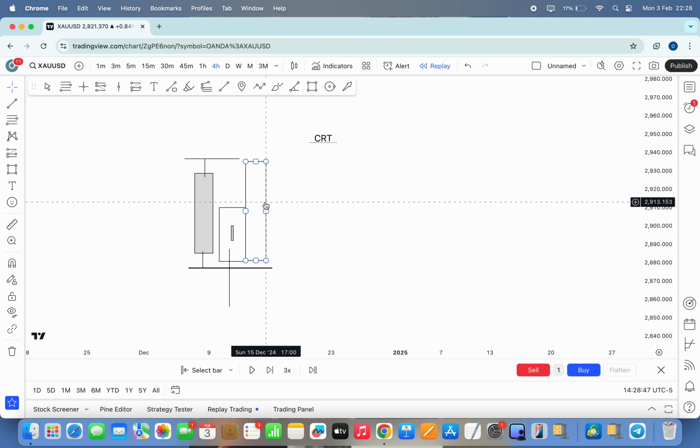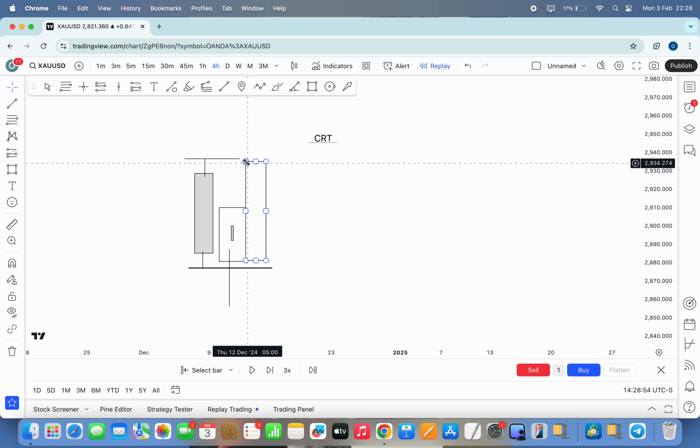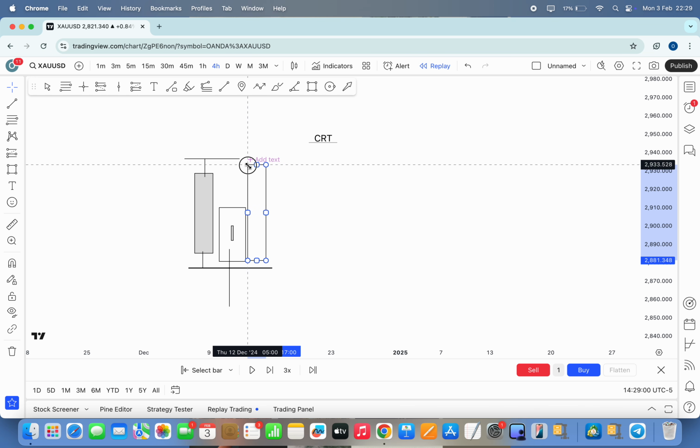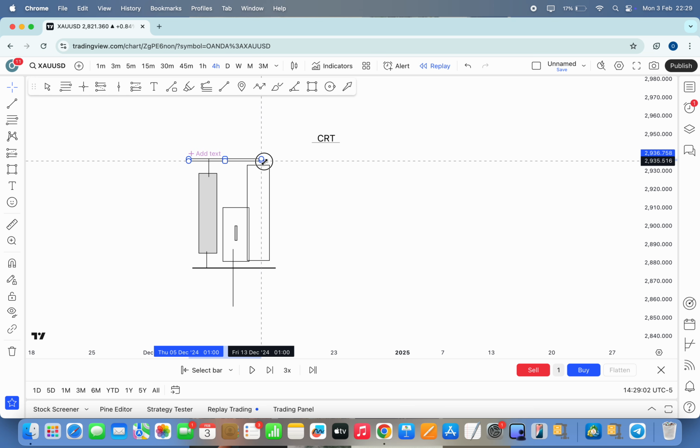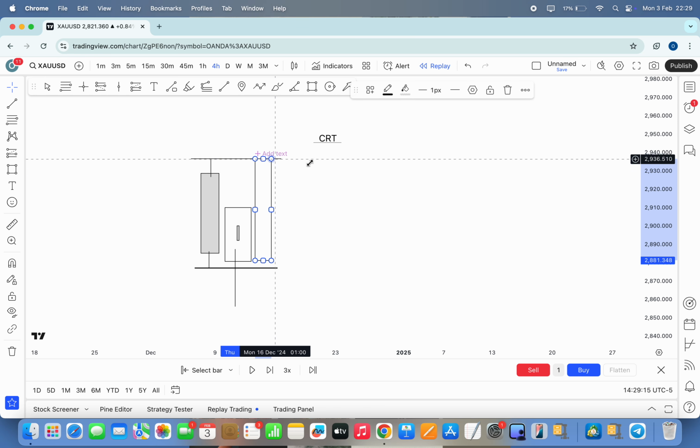Most traders trade this third candlestick. They wait for the second candlestick to be created, then trade the third, which was bullish: they wait for the open and low, then the market goes high and closes above here. You could put your entry here, your first TP and second TP, depending on the highs and lows of the current market.